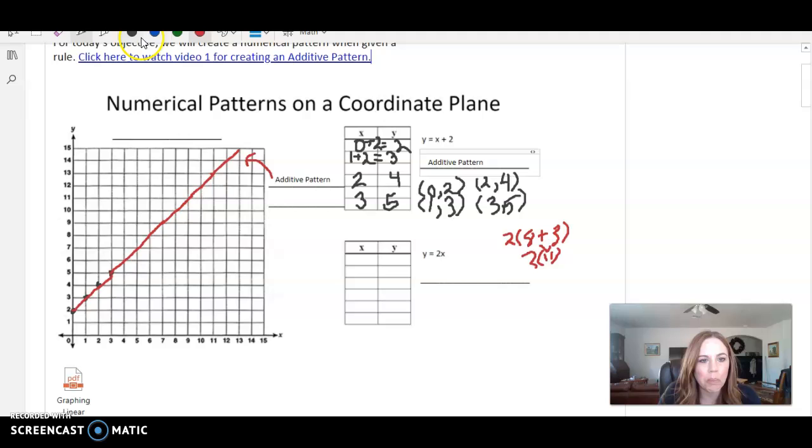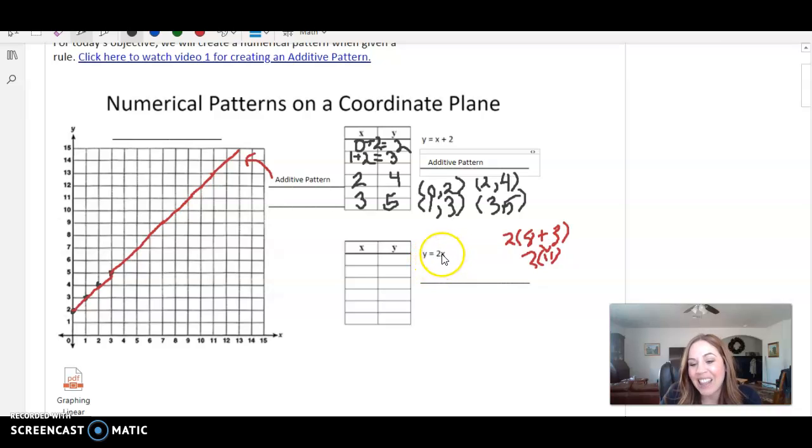What was it? Do you remember? I hope you remember that it was multiply. When a number is right next to the parentheses without an operation, it means multiplication. Well, it's the same thing here. When a number is right next to the variable without an operation in between the two, it's just another way of showing multiplication.